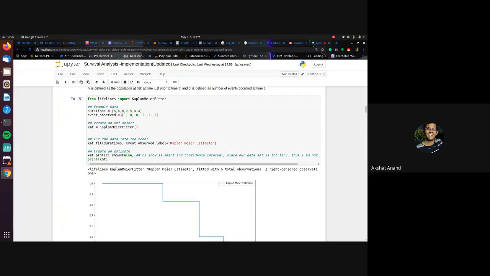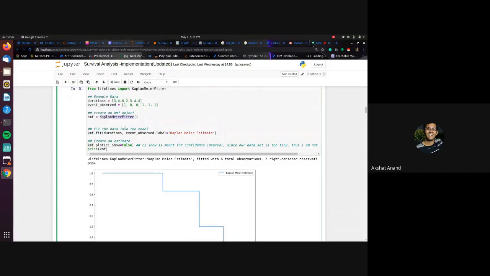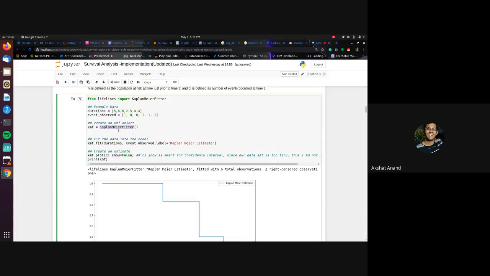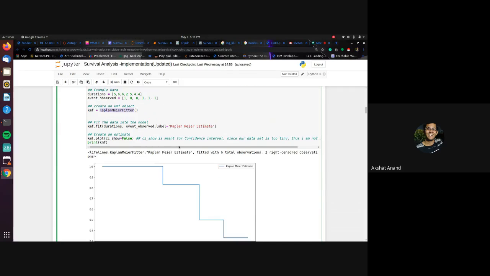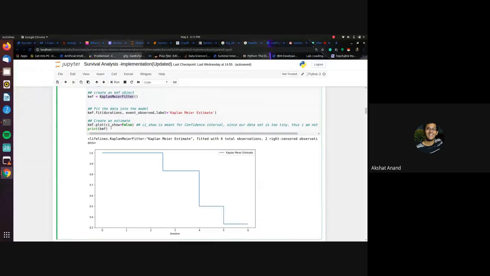There are seven users, and this is the duration for each user, and this is whether the event occurred, whether he churned or not, yes or no. The Kaplan-Meier fitter fits a model using the fit function with duration and event observed, labels the Kaplan-Meier estimate, and plots the graph.